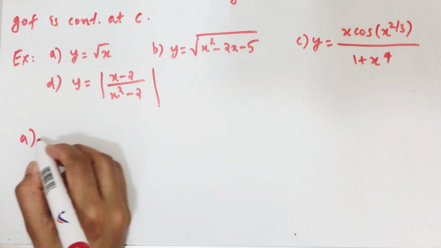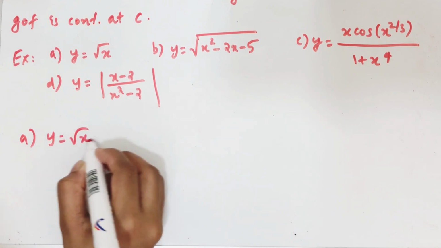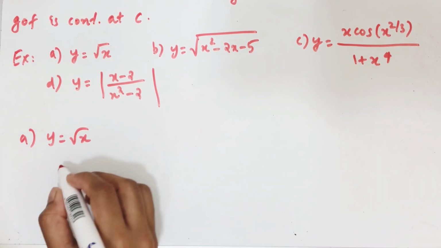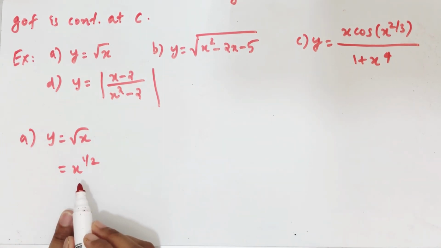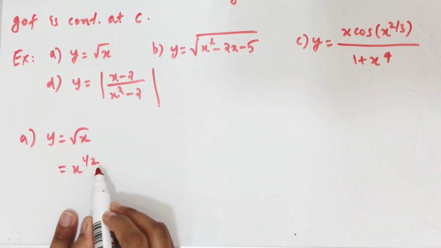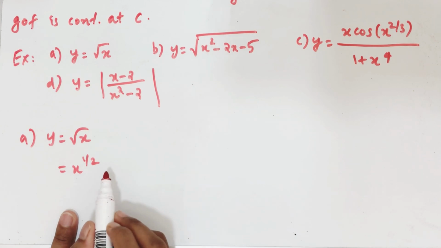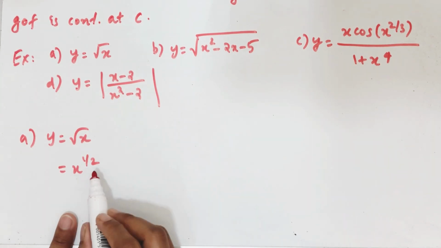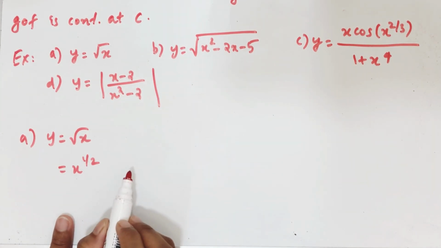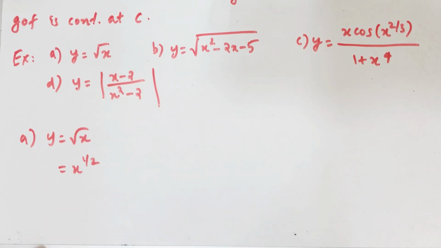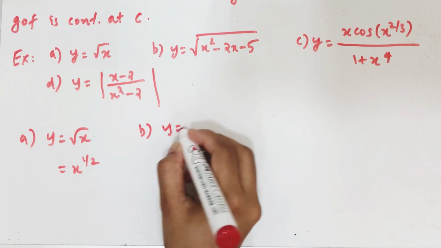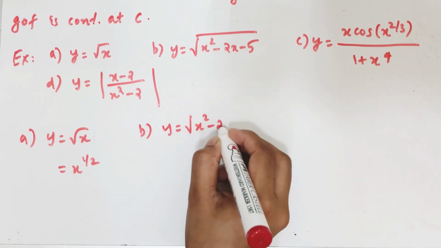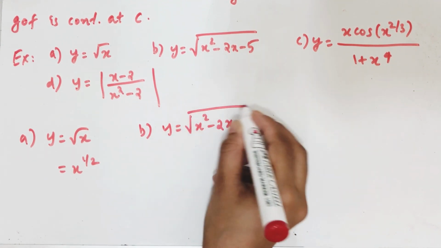See first one, y equal to root x, or we can write y equal to x raised to 1 by 2. Here x is continuous, therefore by power rule x raised to 1 by 2 is also continuous. That is, a rational power of a continuous function is continuous. Next, y equal to root of x square minus 2x minus 5.